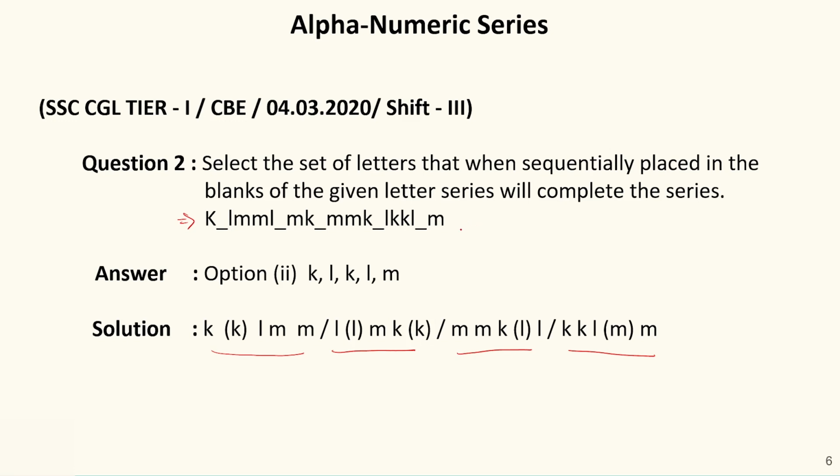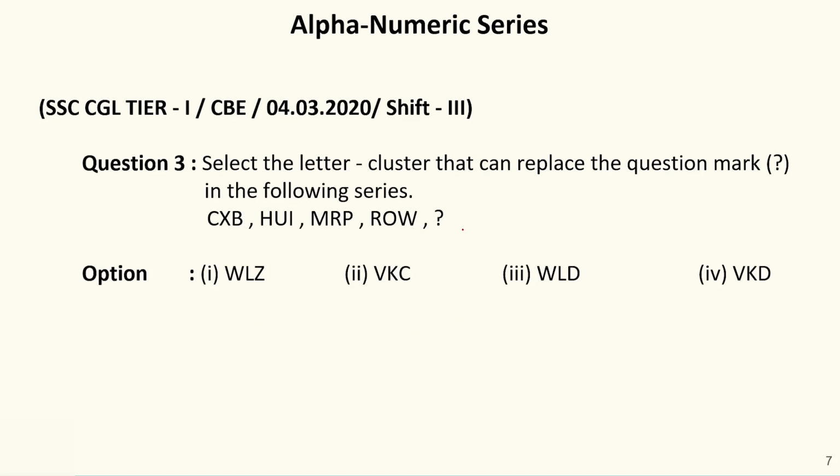Okay. Then this is the third question, SSC CGL Tier 1 Shift 3, right? So these type of questions I told you that we have to apply individual logic. We have to apply logic to each term. So basically these are 3 series combined into one.